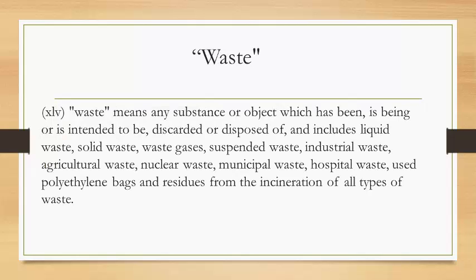Waste means any substance or object which has been, is being, or is intended to be discarded or disposed of, and includes liquid waste, solid waste, waste gases, suspended waste, industrial waste, agricultural waste, nuclear waste, municipal waste, hospital waste, used polyethylene bags and residues from the incineration of all types of waste.